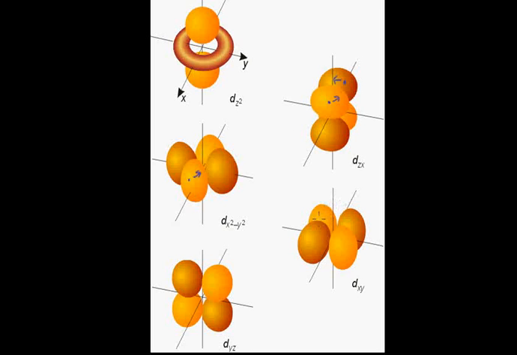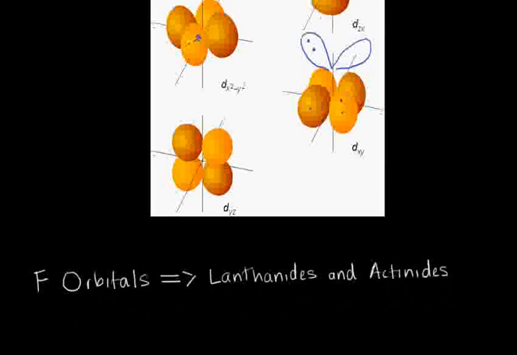So maybe your d orbital extends farther like that. Maybe this is a higher level d orbital. Electrons that are over here are going to have more energy than electrons in a lower orbital. And there are even more orbitals, something called f orbitals, and these describe the location of electrons in lanthanides and actinides. And these are the complicated elements at the bottom of the periodic table, and we're not even going to show them because they're so complicated.